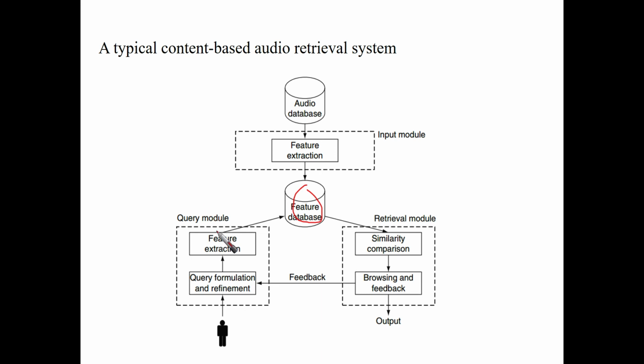From the sample audio we extract the features, and then we formulate the query, so those features go in here. And once the results come in, we also might need some sort of feedback to refine our query. So this is audio retrieval with feedback.